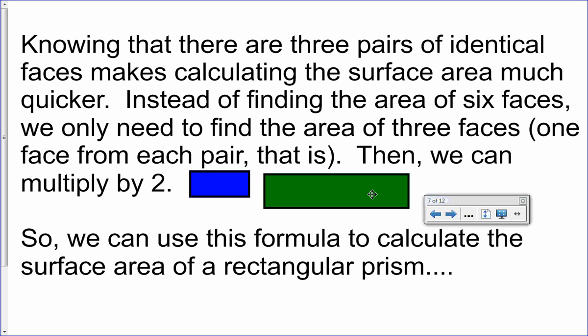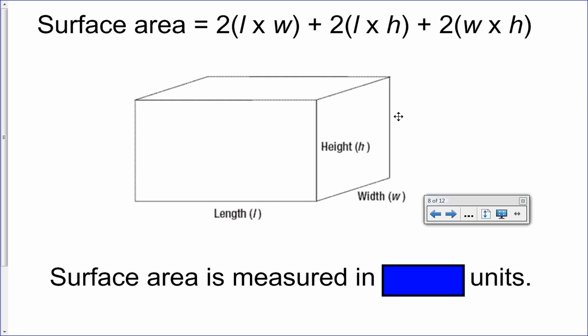So we can use this formula to calculate the surface area of a rectangular prism. And here it is. Surface area, or SA for short, equals 2 times length times width plus 2 times length times height plus 2 times width times height.